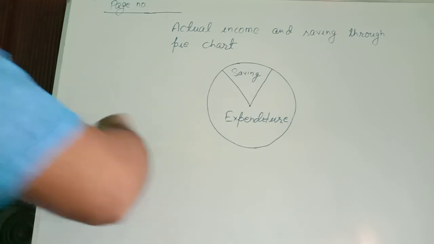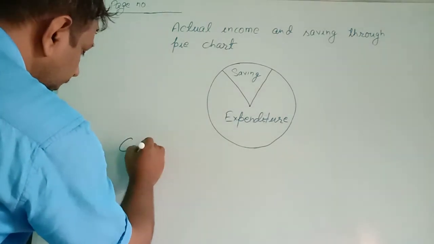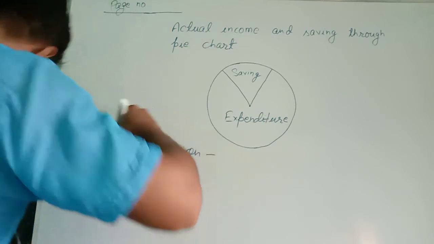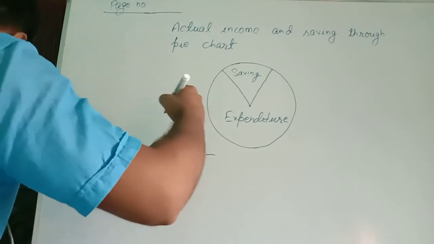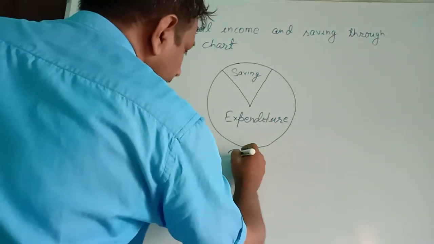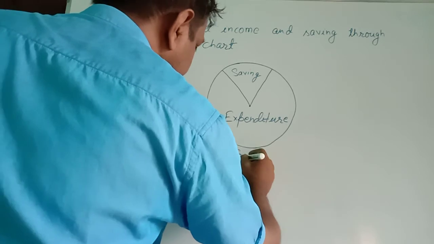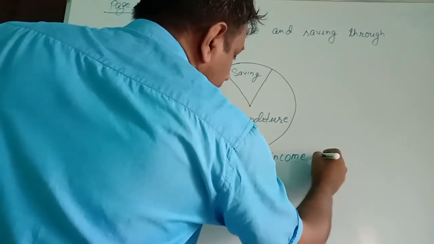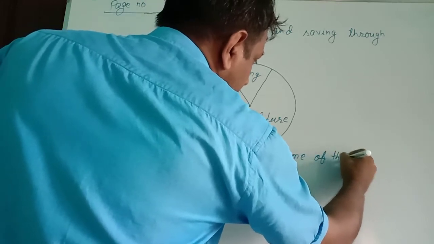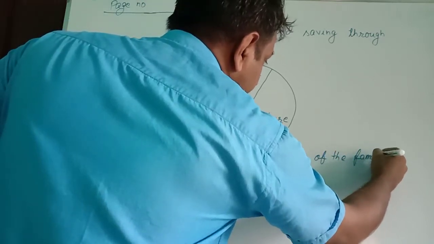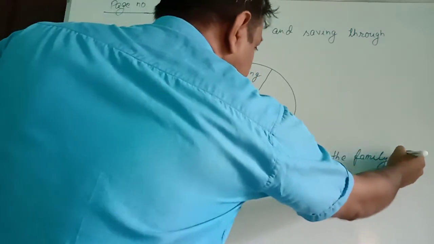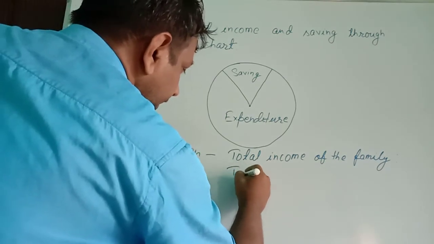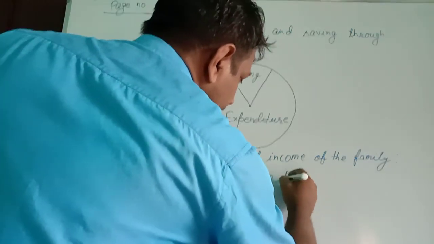Then you will write the conclusion in the next page. In the conclusion you will write the total income of the family. Second, you will write tax to be paid.